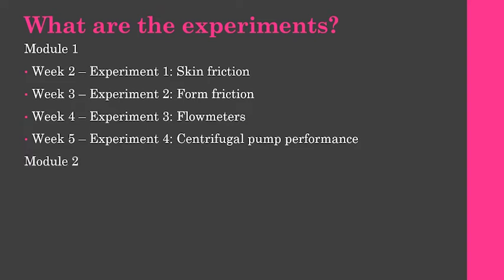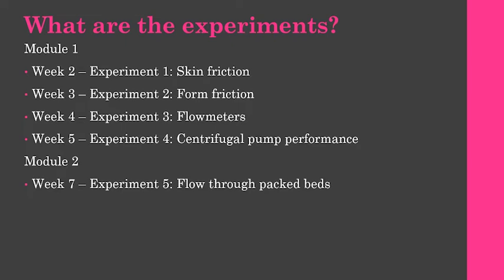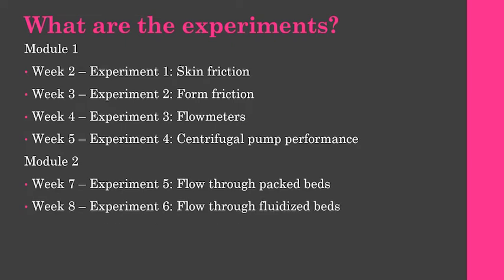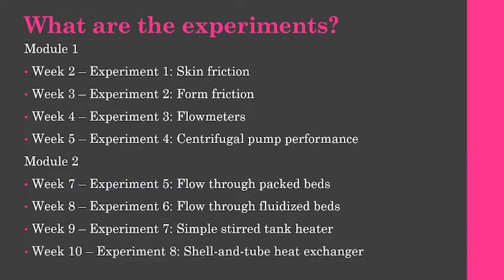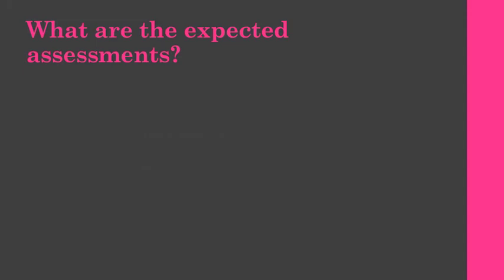Next, for Module 2, to answer course outcome 3, we have Experiment 5, flow through packed beds, and Experiment 6, flow through fluidized beds. And lastly, to answer course outcome 4, we have Experiment 7, simple stirred tank heater, and Experiment 8, shell and tube heat exchanger.